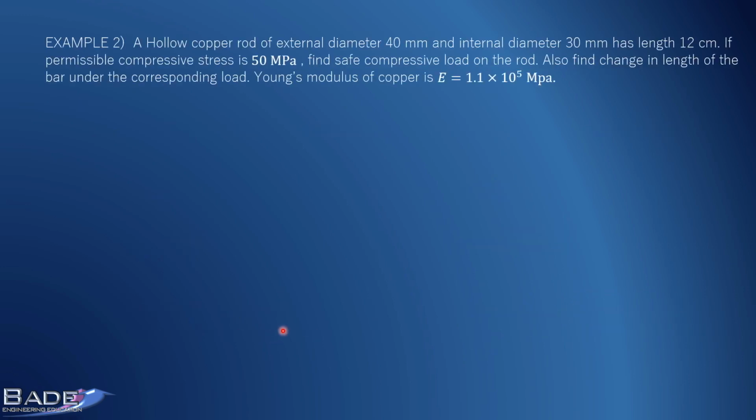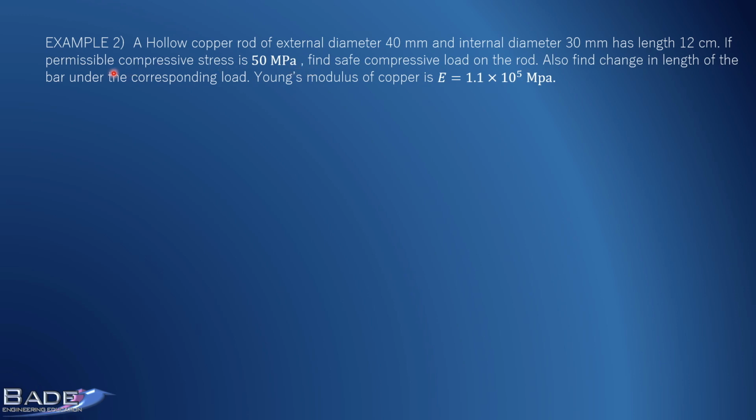Read this problem. A hollow copper rod of external diameter 40 millimeters and internal diameter 30 millimeters has a length of 12 centimeters. If permissible compressive stress is 50 megapascal, watch here, permissible compressive stress, that is, stress in this copper rod must not exceed this value.